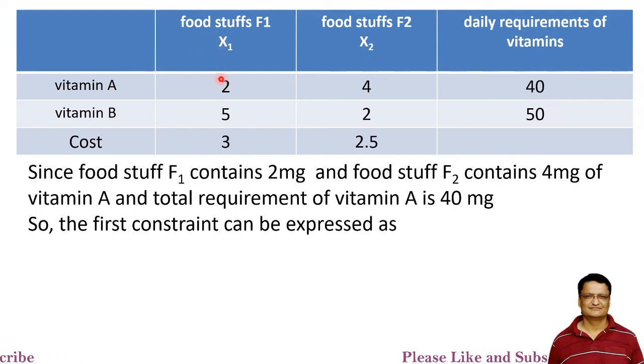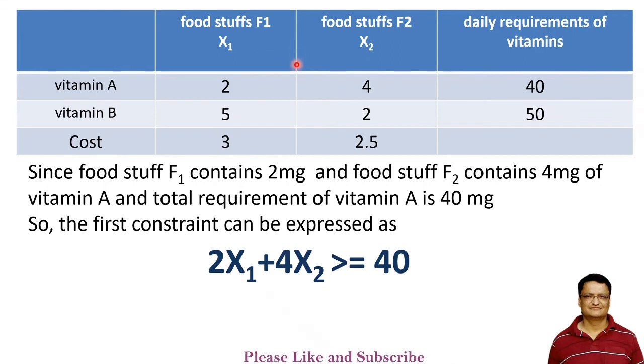Food F1 can provide only 2 mg. Food F2 can provide only 4 mg. And now we have to decide the quantity of x1 and x2. Also, it is mentioned that the total requirement of vitamin A is 40 mg. So 2x1 plus 4x2 should be greater than or equal to 40. So this becomes my first constraint, because you want a minimum quantity of 40. So this will be the greater than or equal to sign.